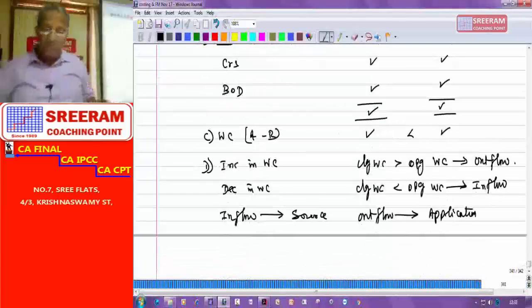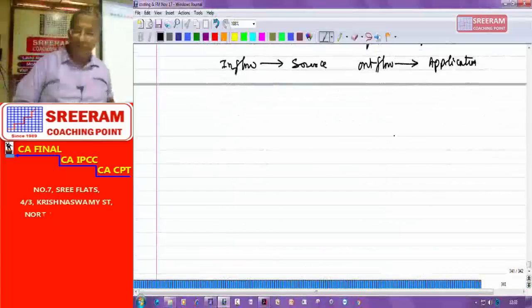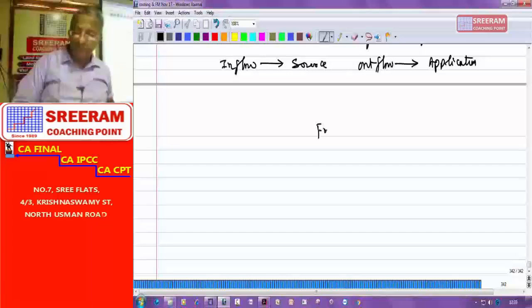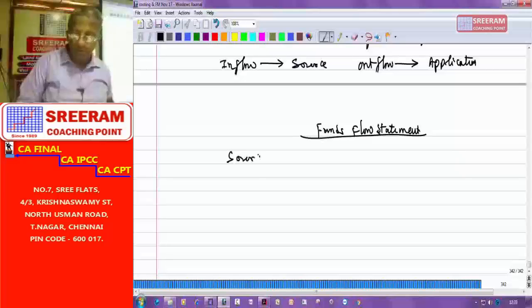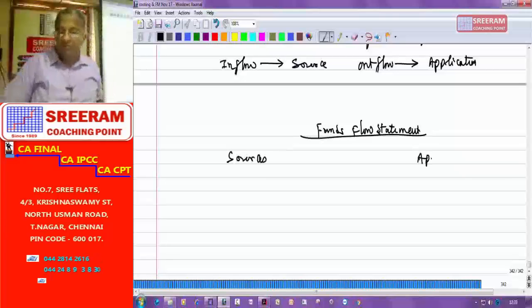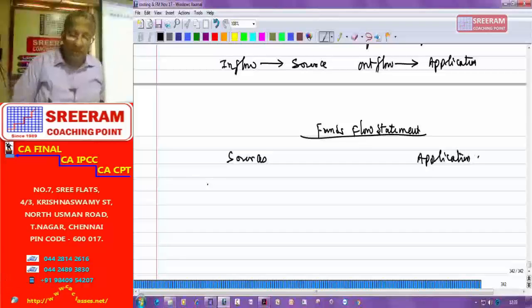Okay. Then the last one, fund flow statement. Here also it is sources and application. Here what will we be doing?